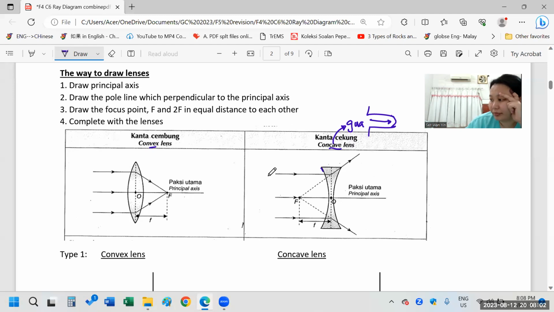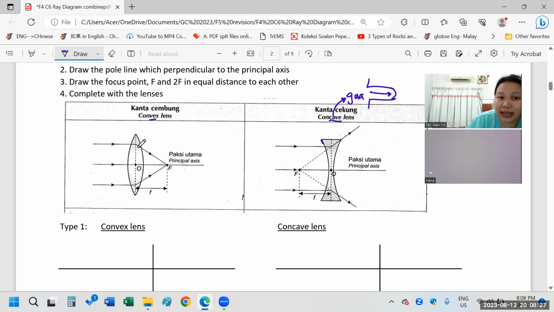Okay, both sides pop up together. Then this one is both sides inwards together. Then what's the difference between convex and concave lens?